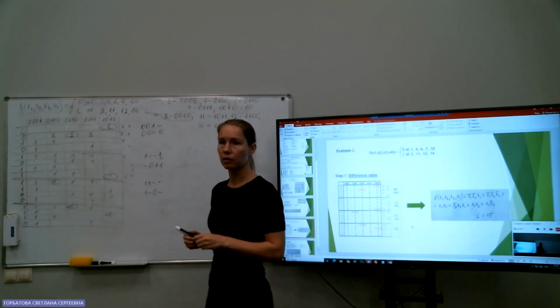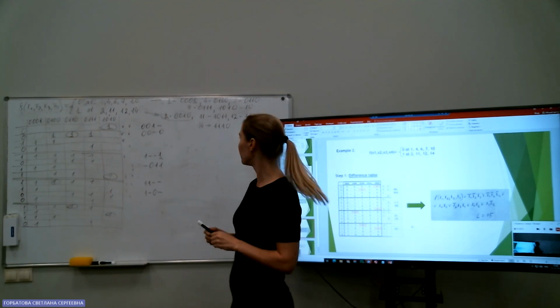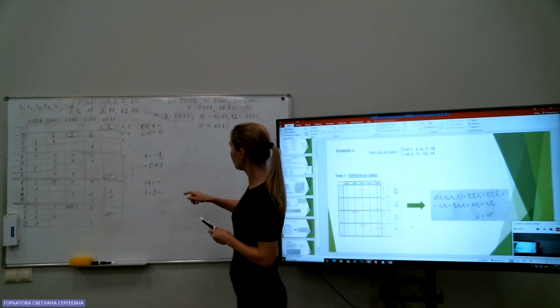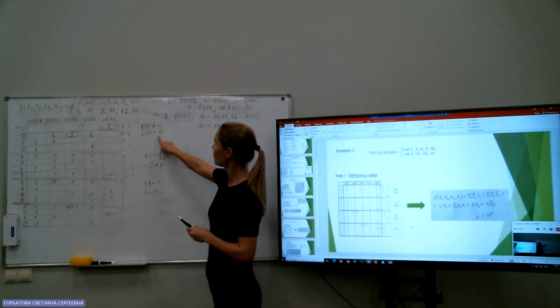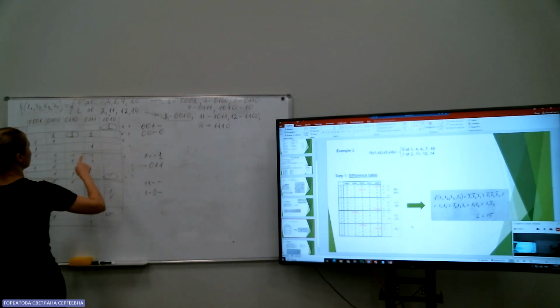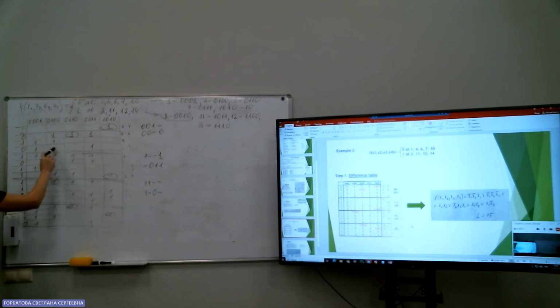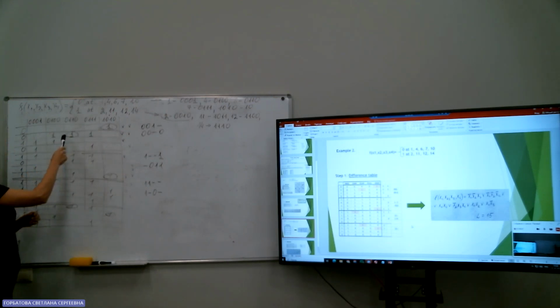We will have 0 1 dash 1 dash. It is the first table. Is it clear? I circled this digit because there is just one 1 in the column.